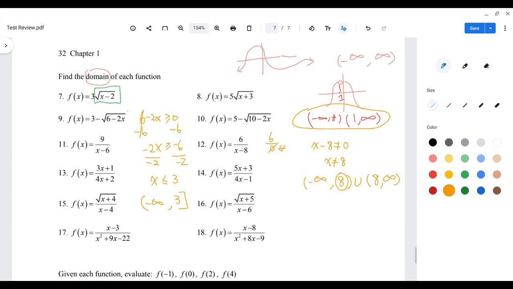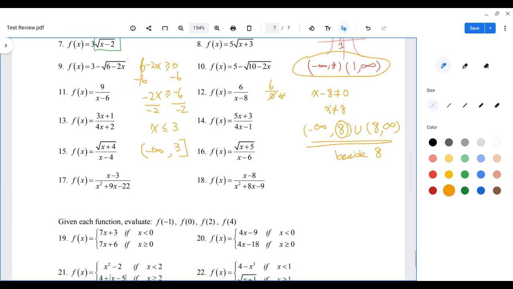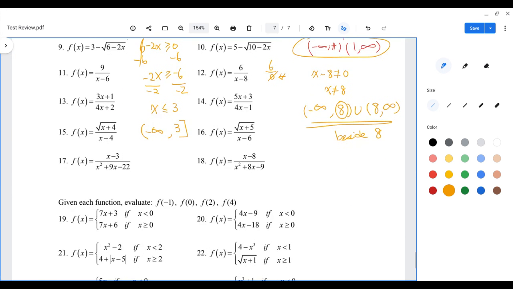So basically what this means is you have all the numbers for x besides 8. 8 is not included and it's skipped. Okay, so that's that part.